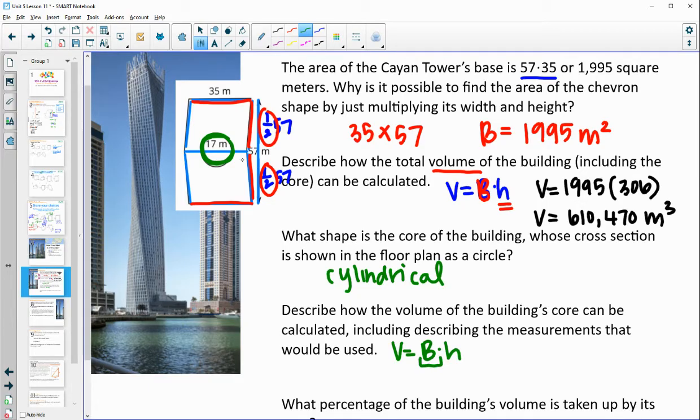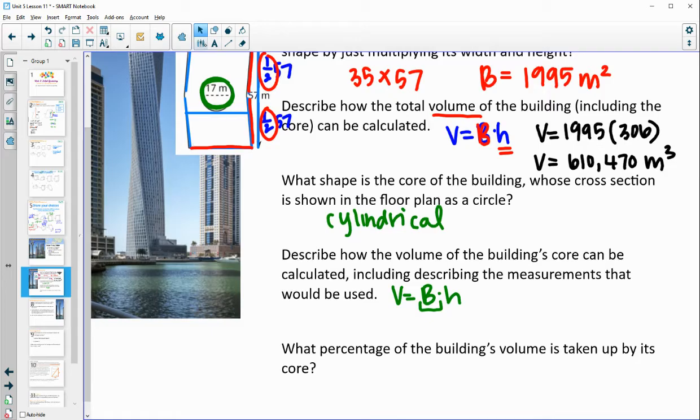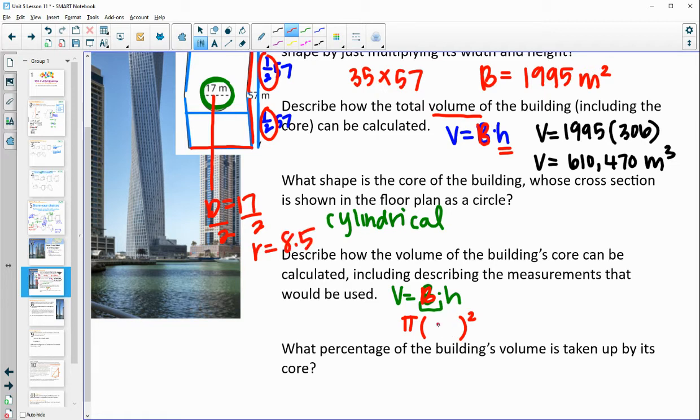The base shape here being a circle with a, did they say it was a diameter? Diameter 17. So how do we find the area of a circle? So area of a circle is pi times your radius squared. So if the diameter here equals 17, divide by 2 and you get the radius. So the radius is 8.5.